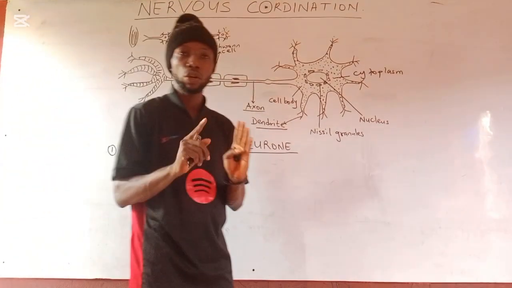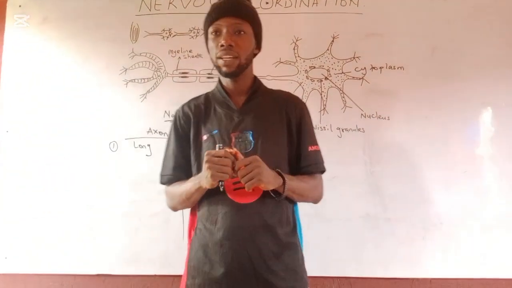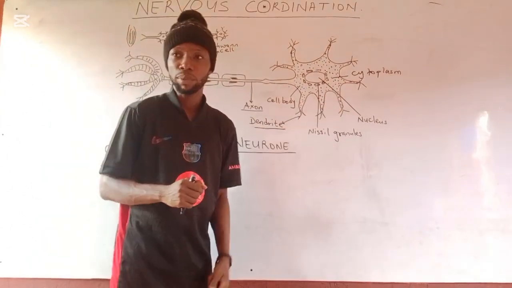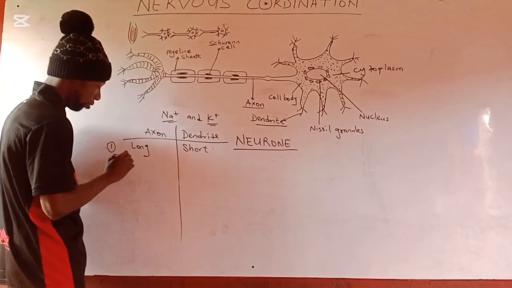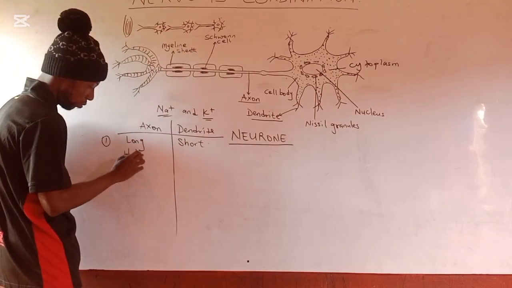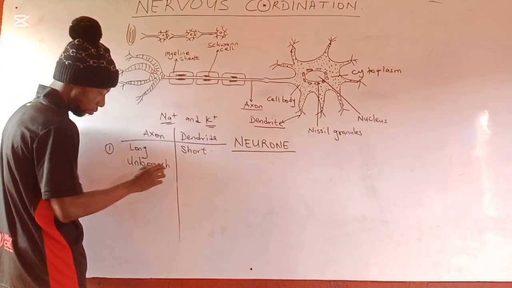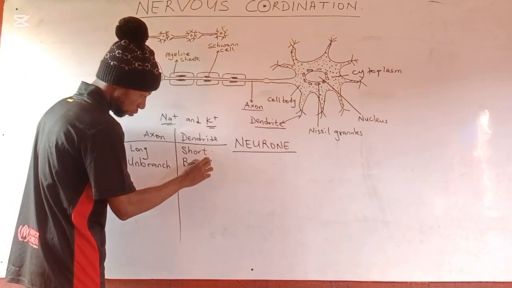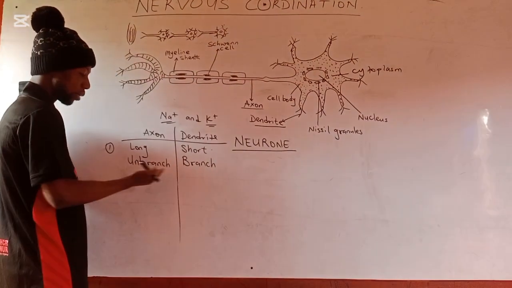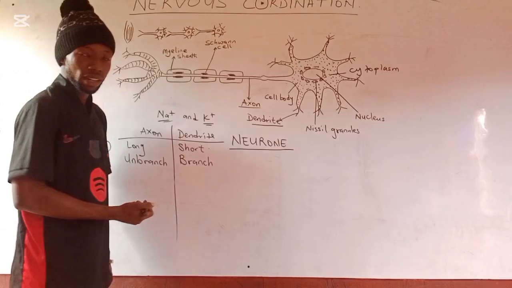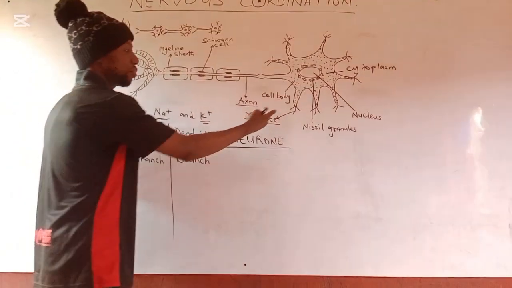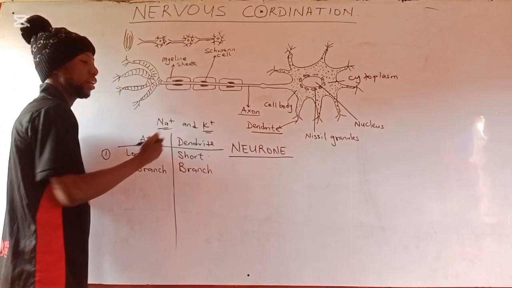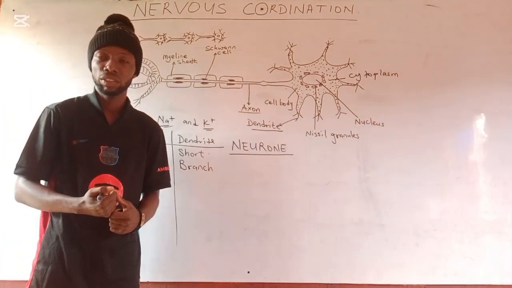The axons are not branched, while the dendrite here has branches. Axons are unbranched, dendrites are branched. You have the branches of dendrites. The axon here is not branched.